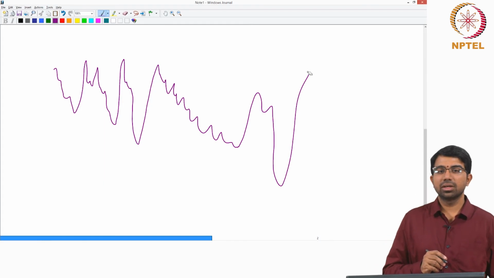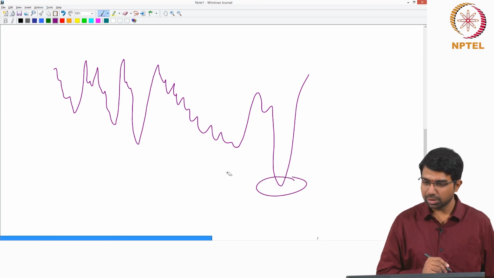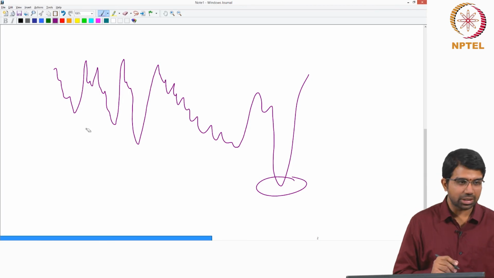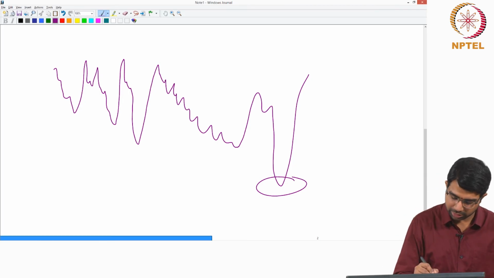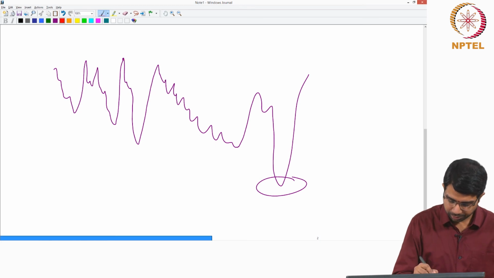This function has a clear global minimum, right. This is the global minimum. But the problem is if you start with a hill climber, let us say you start here, hill climber or descender, let us use the terms interchangeably. You will go here, you will go here.